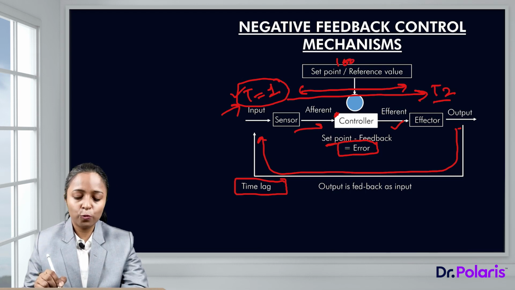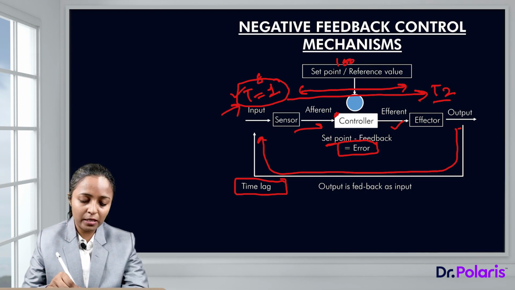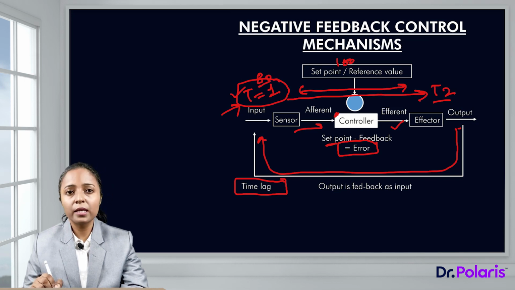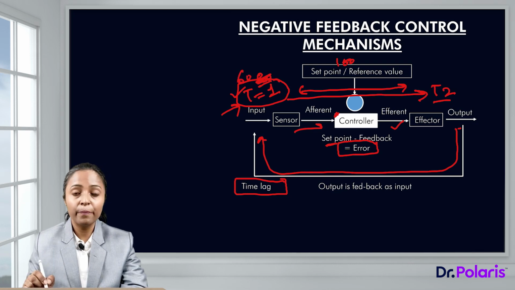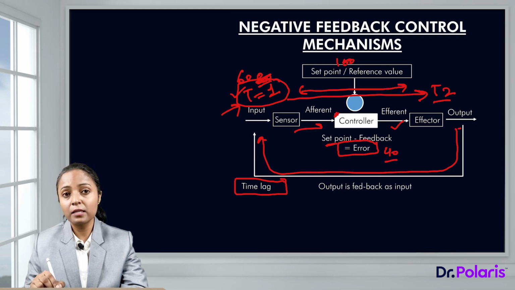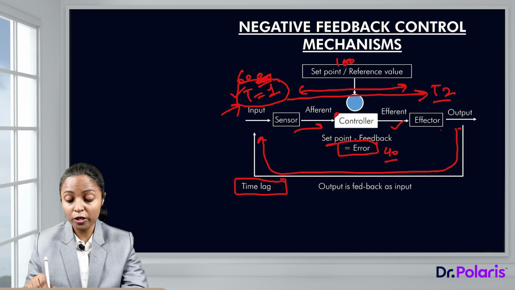But the input which we get is 80 millimeter mercury. So in this case, the error will be only 20 millimeter mercury. But if there is some phenomenon which causes a major change in blood pressure, suppose this becomes 60 millimeter mercury, the error will be 40 millimeter mercury, right? So in that case, the controller has to make more adjustments. So the response will be more in case the error is more, right?